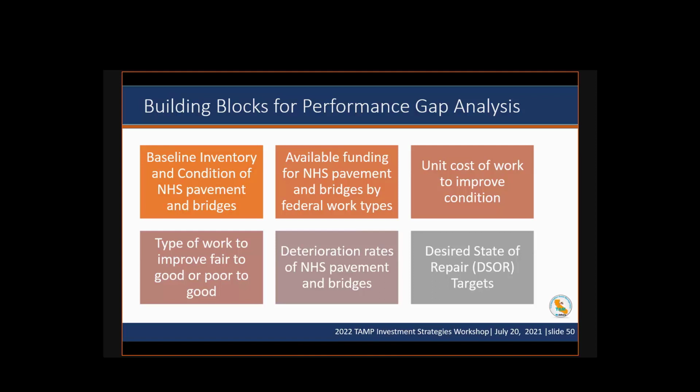He talked briefly about the unit cost to improve condition and what kinds of work, what are the 5 work types that are going to help us to improve our fair assets and our poor assets to good condition, because that's what we want to state: we want these assets to be able to make progress and actually set targets that are reasonable and be able to, in the TAMP, demonstrate that we either are going to be achieving these targets, or make progress towards these targets.